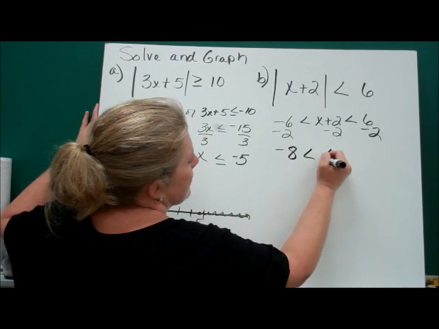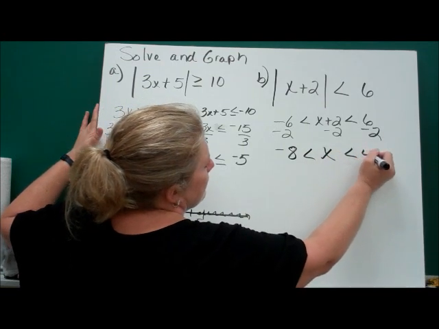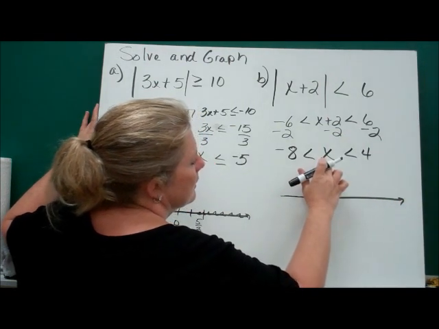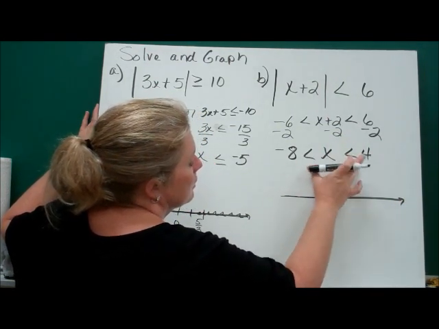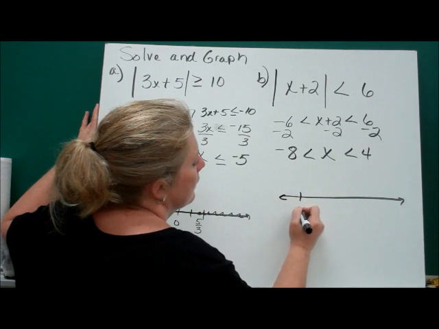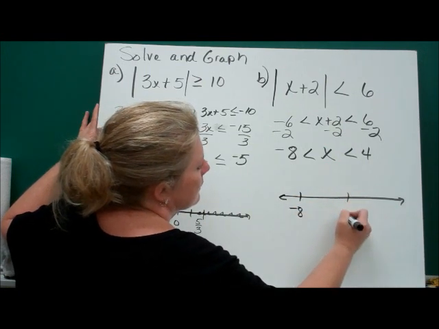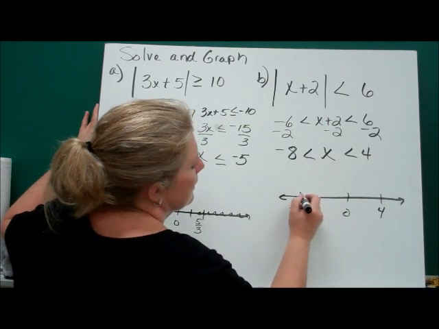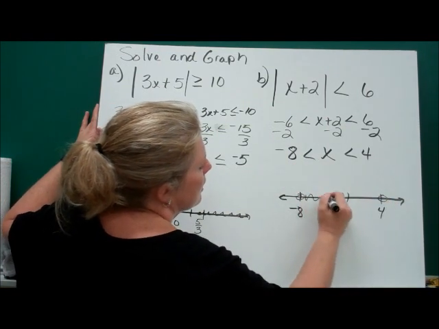Negative 8 is less than x is less than 4. Graph. Just like the x is between these two, we're going to have negative 8. We'll say there's 0, there's 4. It's just less thans, so circles, and we shade in between them.